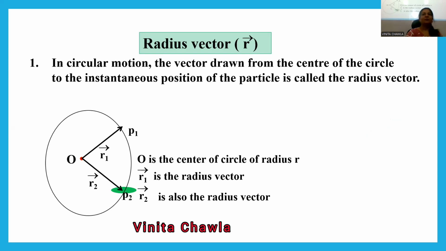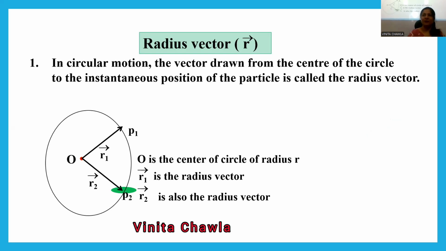How do we define a circle? There are many points, the collection of all the points, or we can say the locus of all the points which are at a fixed distance from a fixed point.